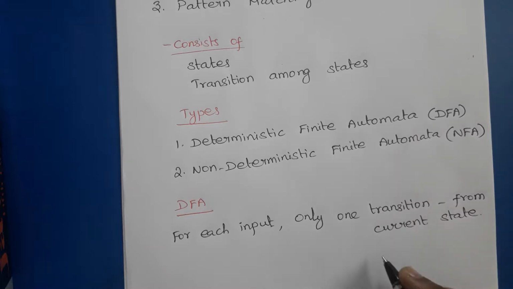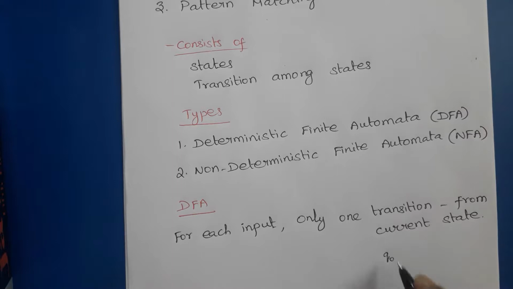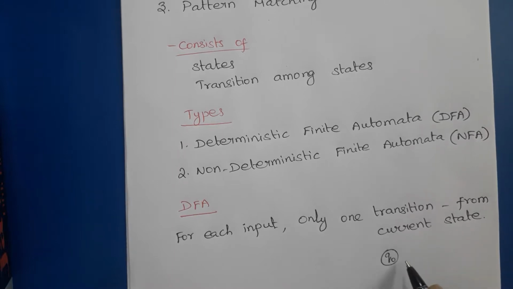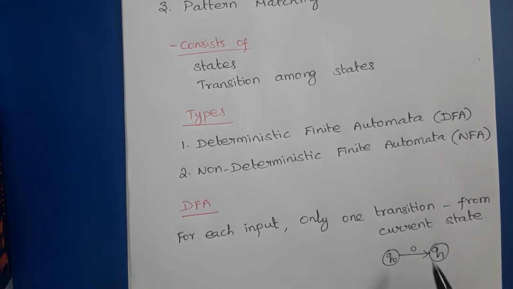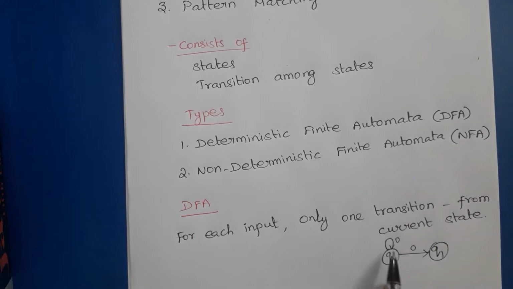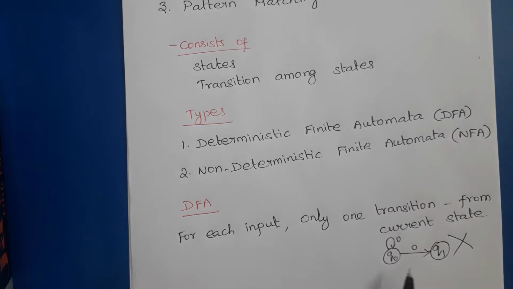For example, from state Q0 with input symbol 0, it may go to Q1 or Q0, but both transitions like this are not possible. This is not possible in DFA because from the state Q0, 0 goes to both Q0 and Q1. So this is wrong in DFA.